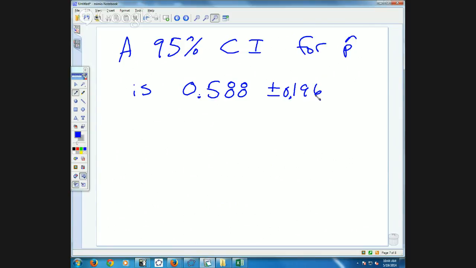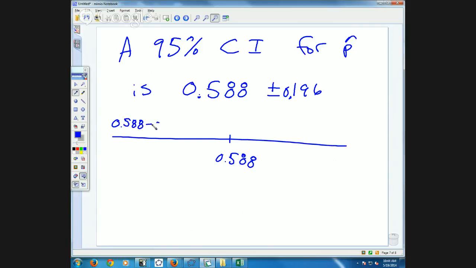So now I need to get my left hand and my right hand on that interval. Like if I was doing a number line, here's my 0.588. What happens if I subtract from that 0.196? What do I get? 0.392. So that's about right here on my number line.